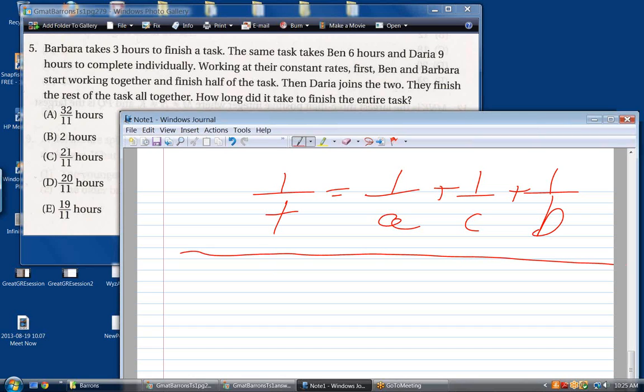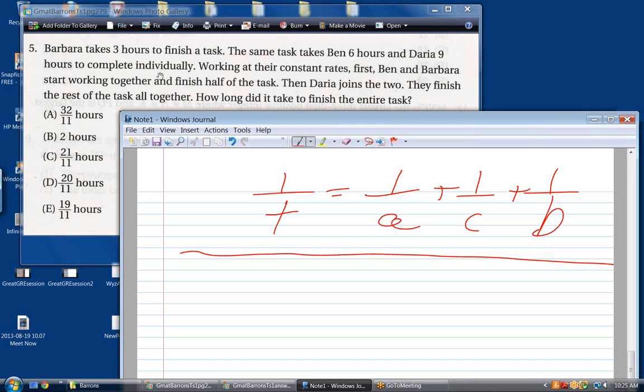What I do with work problems is I always figure out what part of the job they can do in a unit time period. Since everything is in hours here, let's figure out what part of the job Barbara can do in 1 hour.